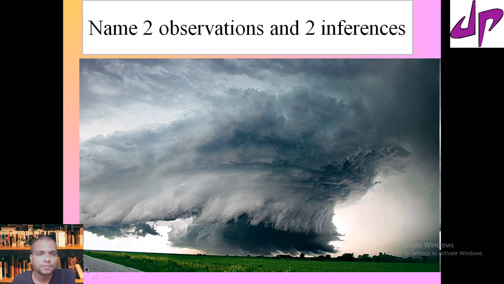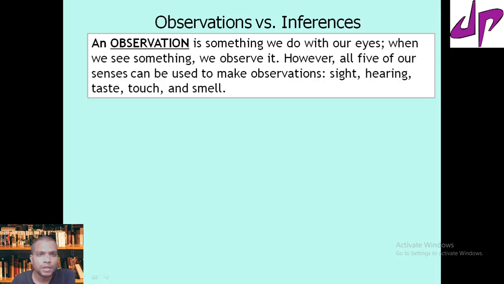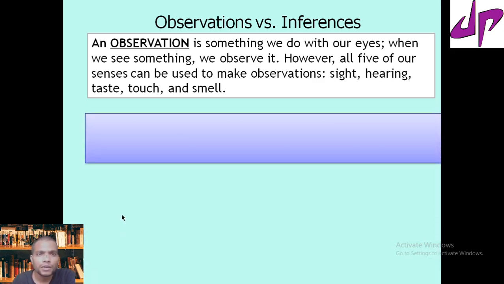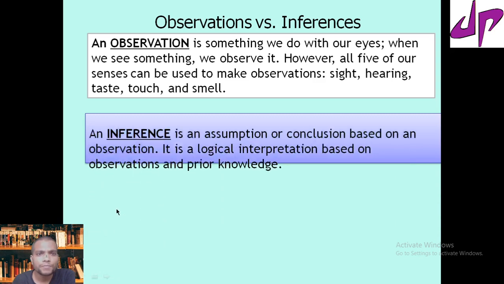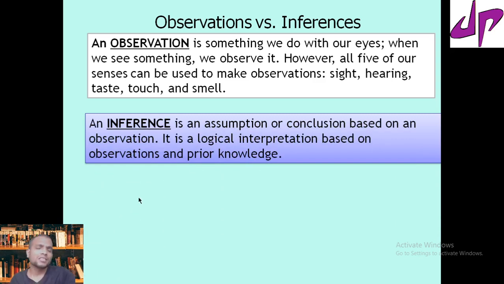I would like to show what real observation means. Observation means really what we see, what we perceive with our senses. And what are inferences? It's an assumption. Just make any assumption or conclusion which is based on your observation.